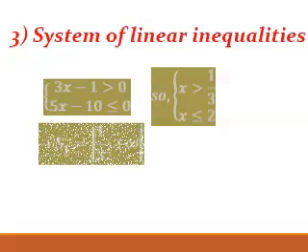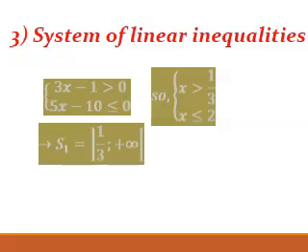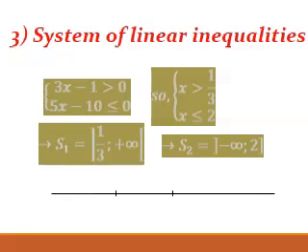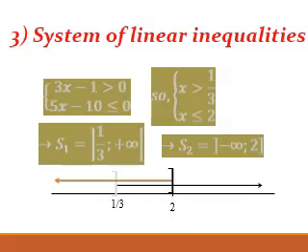In this case, I should do one number line for both of them. I'm going to locate the first one. When I say x greater than 1 over 3, that means the interval is from 1 over 3 till plus infinity. And when I say it's from minus infinity to 2, I locate the two intervals on the number line and I search for the intersection part. So the two inequalities intersect from 1 over 3 till 2.